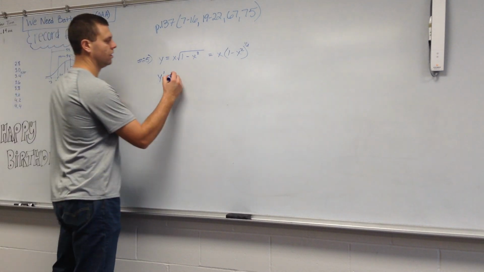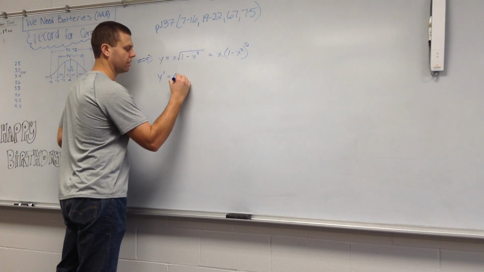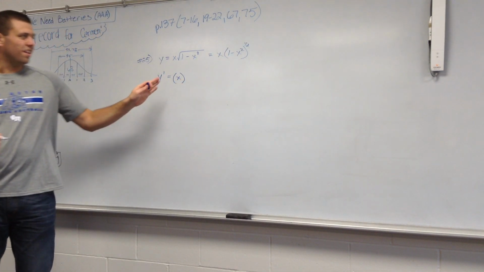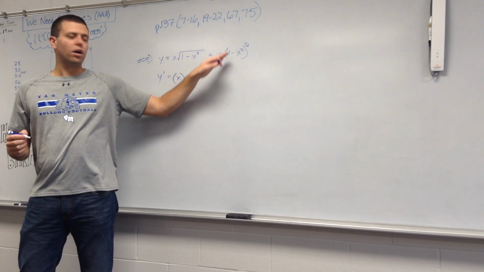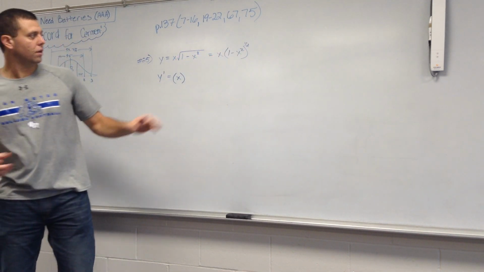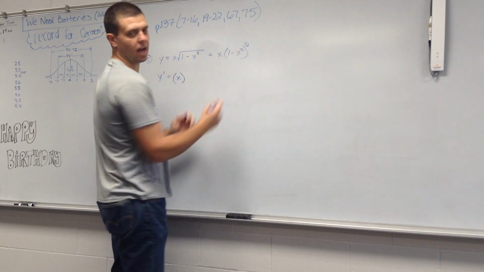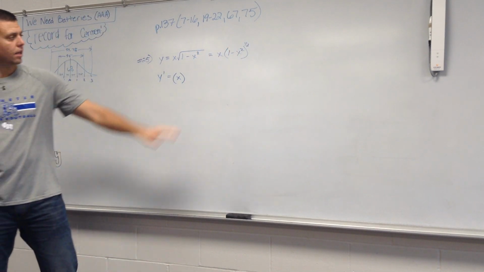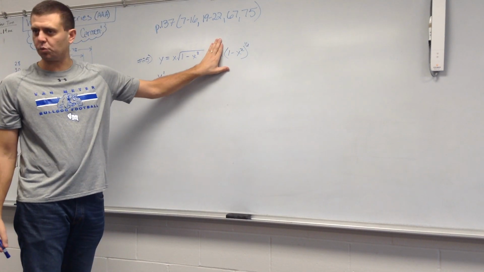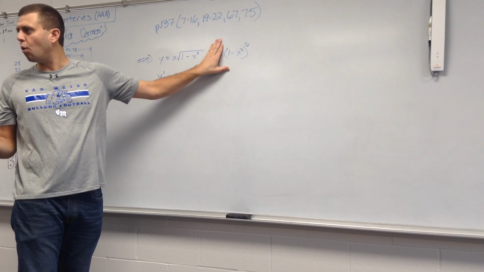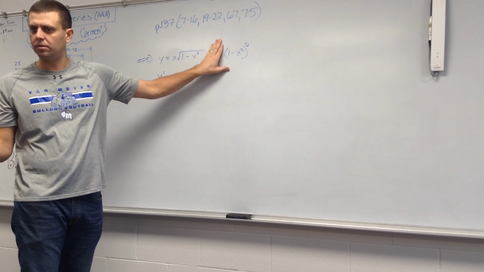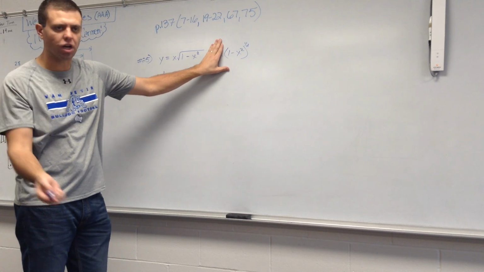So 1, very simply, is just x. Then d2 is going to require me to do the derivative of 1 minus x squared to the 1/2 power. To do that, what are we going to do? Chain rule. Amanda, can you tell me what we would get?